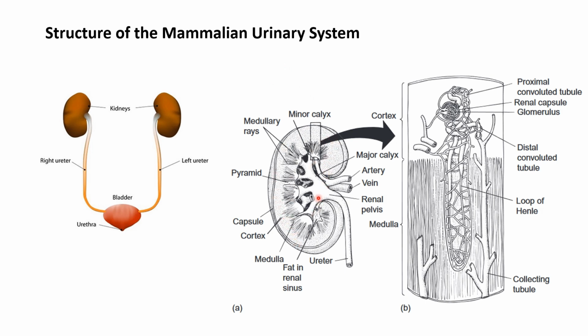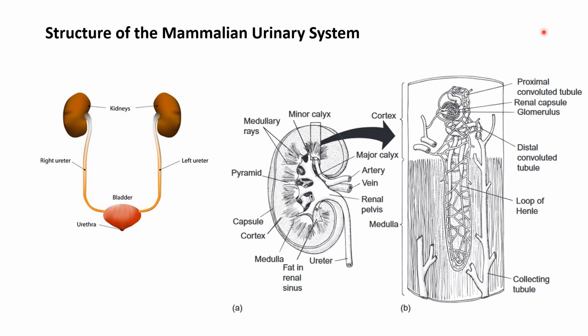Within the substance of the kidneys are thousands of uriniferous tubules working 24/7 to keep your body in proper chemical condition. These tubules are not randomly arranged in the kidney substance. Their segments have a precise order, which we'll look at in the next slide.